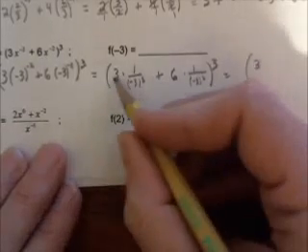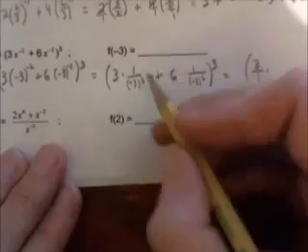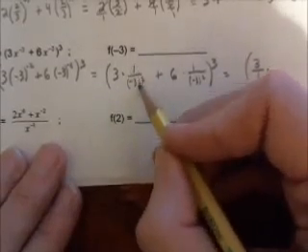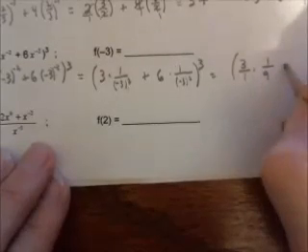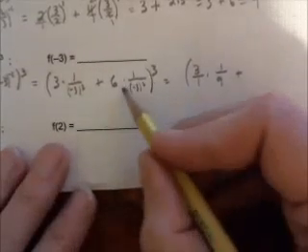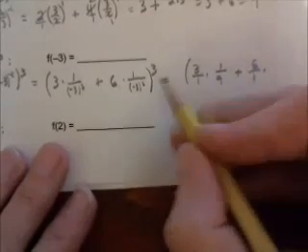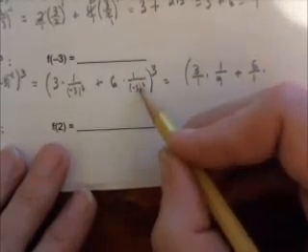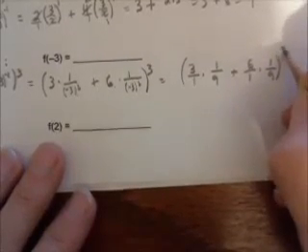So I have 3. I'm going to change this 3 to 3 over 1. And I'm going to multiply this by 1 over negative 3 squared, which is positive 9. And then this 6, I'm going to call this 6 over 1. And then again, 1 over negative 3 squared is 9. And the whole thing is cubed.